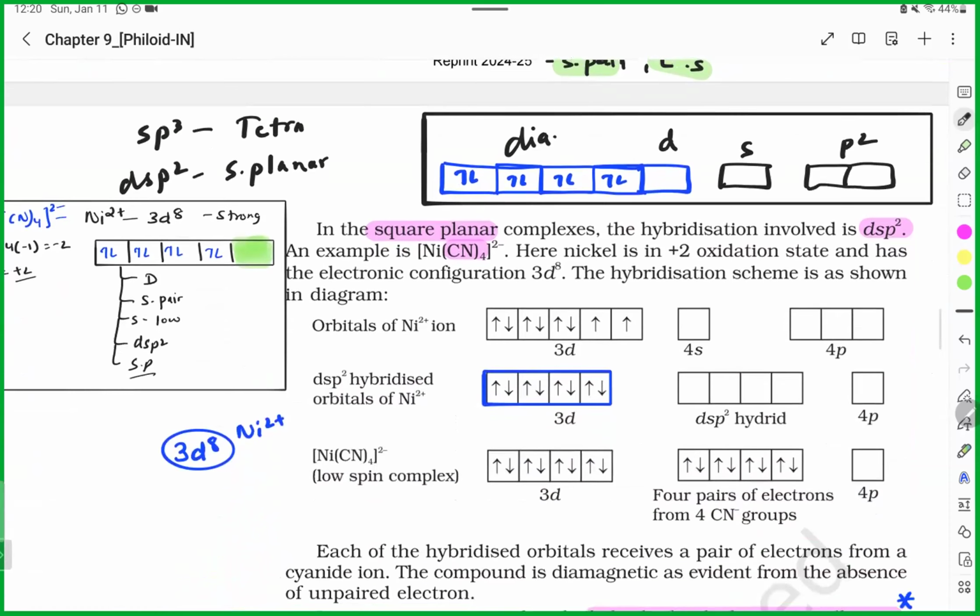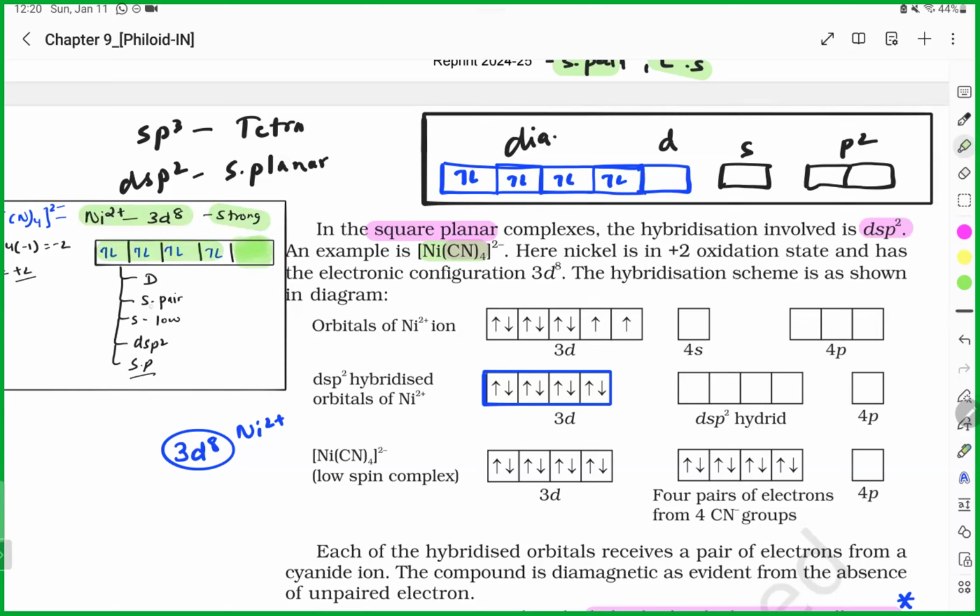But if you see the next situation, nickel tetracyanide. Here nickel has two positive charge. So 3d8. Cyanide is a strong ligand. It will cause pairing. When you see this pairing, one orbital is free.